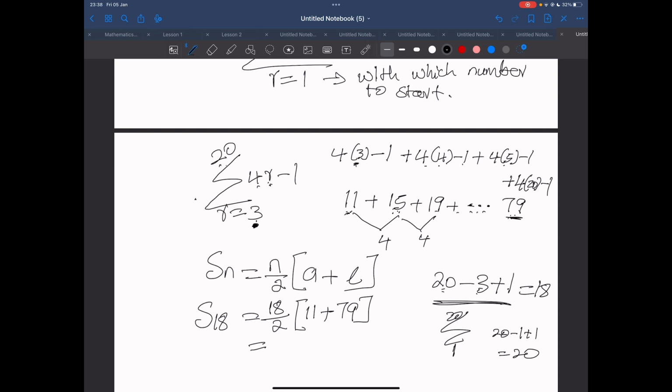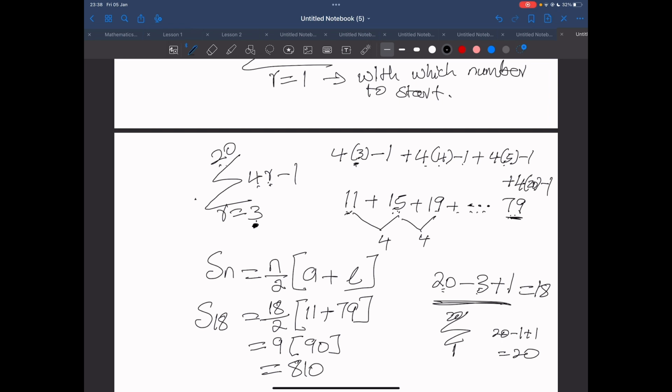You can even simplify it. 18 over 2 is 9, and then 79 plus 11 is 90. So now it's easier. You could even get your answer right away from just the first step. But 9 times 90 is 810.